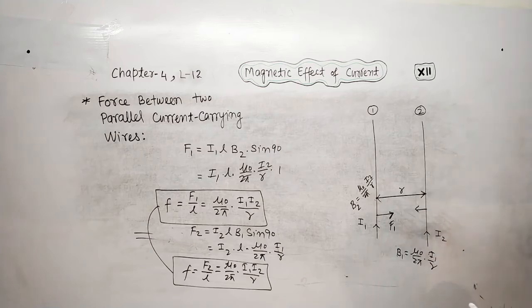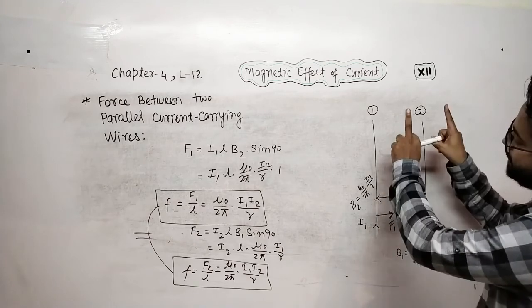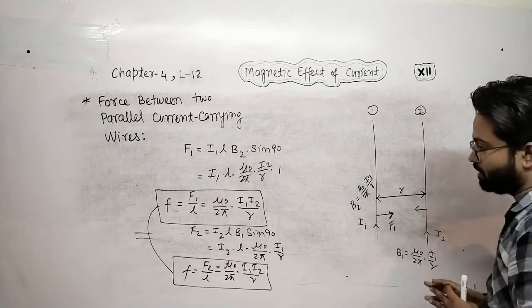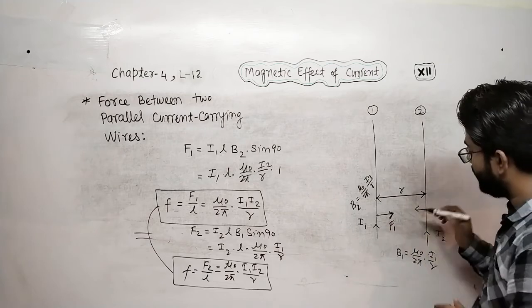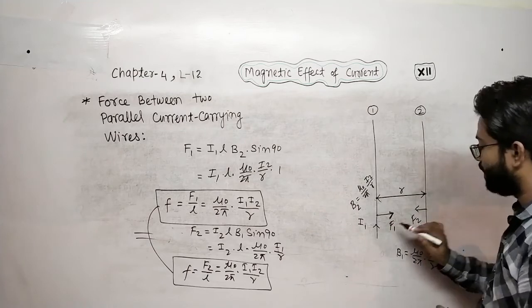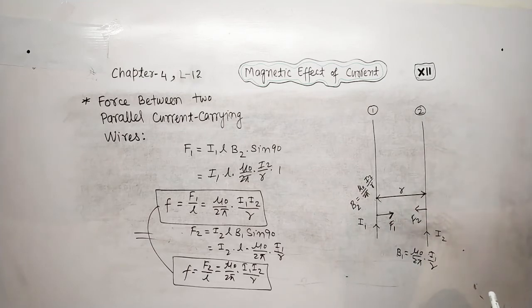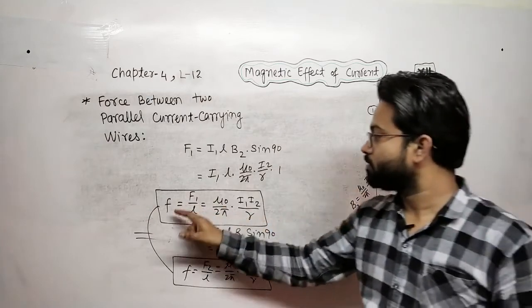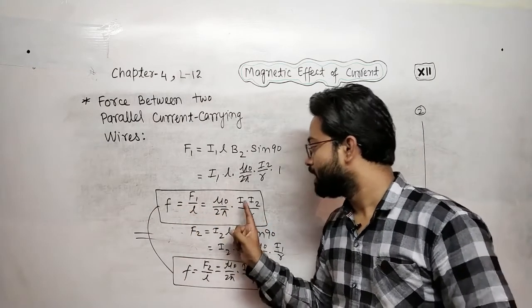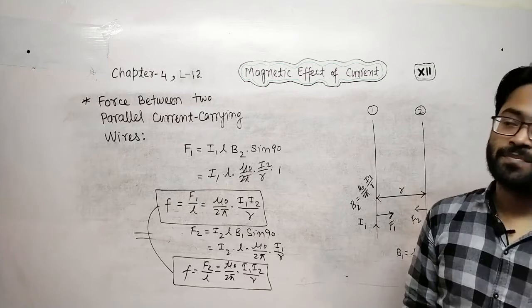Okay, this means if the current is in the same direction in two parallel current carrying conductors, the force will be attractive, and the magnitude of the force will be the same, equal to force per unit length, mu naught by 2 pi, I1 I2 upon R.